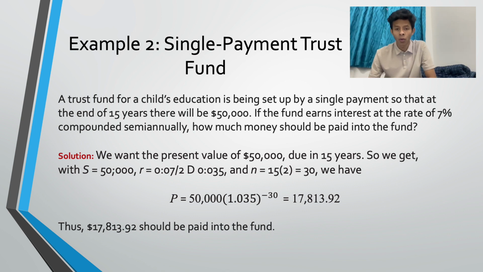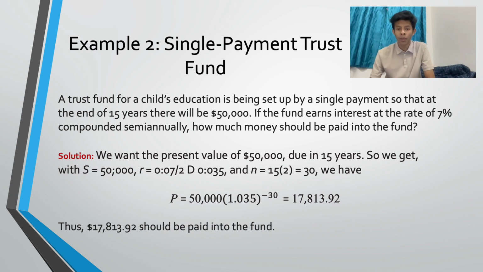So we get S equal to 50,000, i equal to 0.07 over 2, equal to 0.035, and n equal to 15 times 2, which is 30.